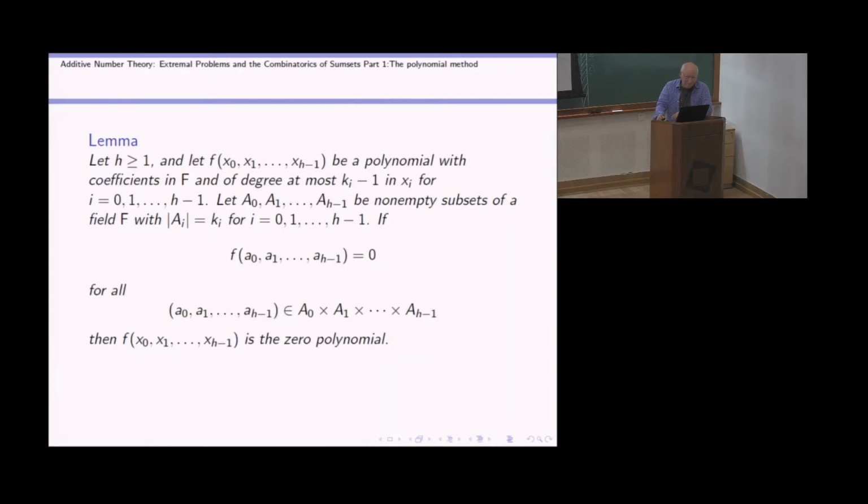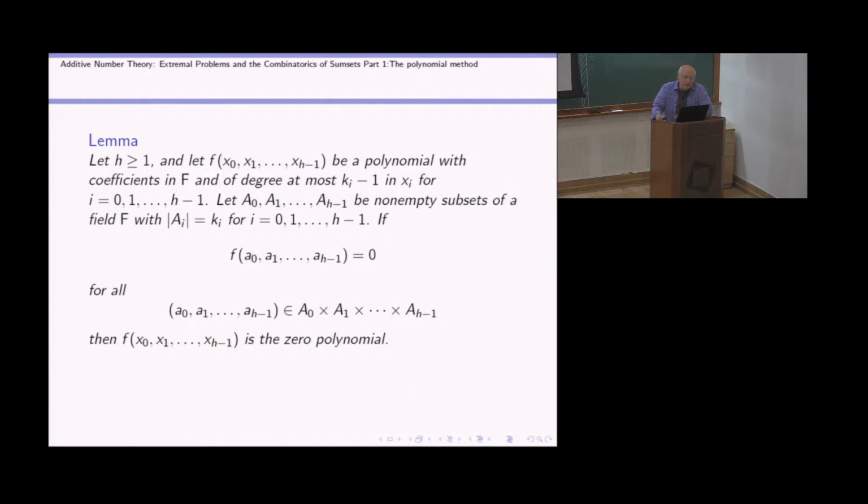Another lemma. So these two lemmas are very important. So this lemma says the following. If you have a polynomial in h variables, which for whatever reason I'm denoting x naught, x1 up to x sub h minus 1, and I'm not interested in the total degree of the polynomial.